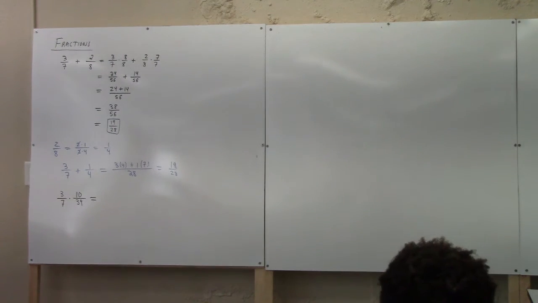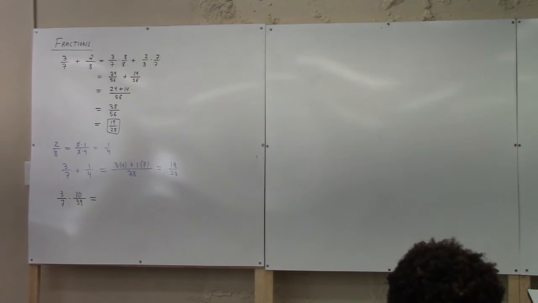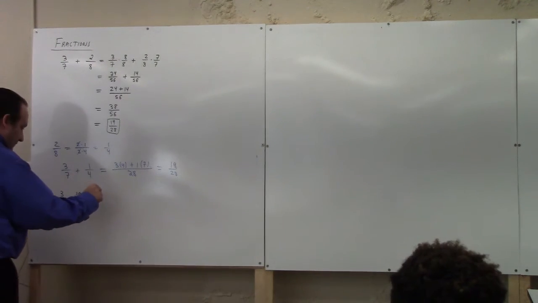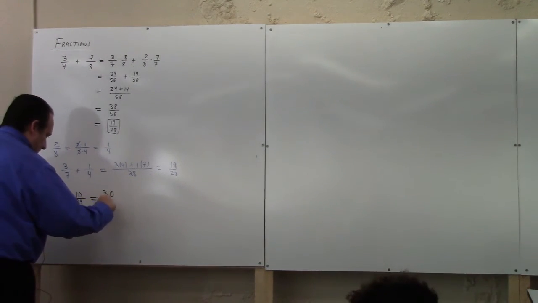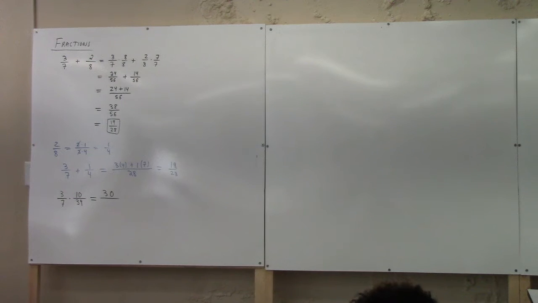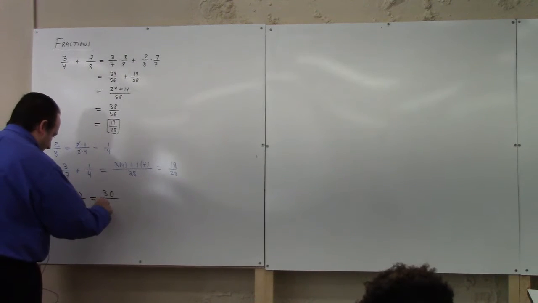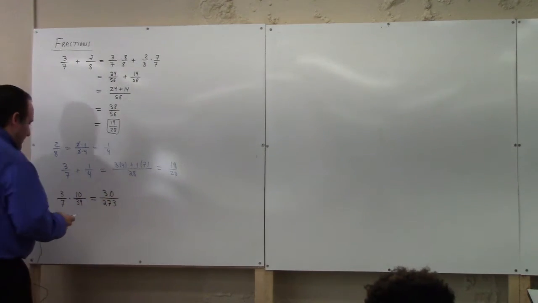We multiply fractions, we multiply the numerator times the numerator and the denominators times the denominator, right? So this would be 30 over, big number, 7 times 39, that's 210 plus 63, it's 273, I think. Can anyone confirm or deny that?